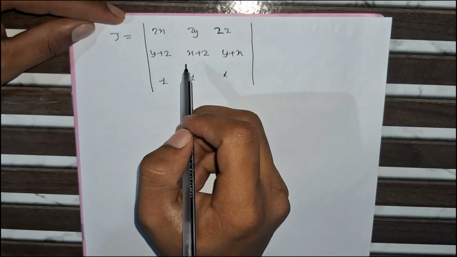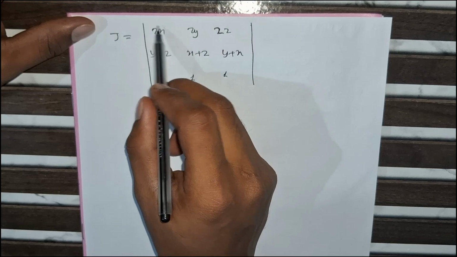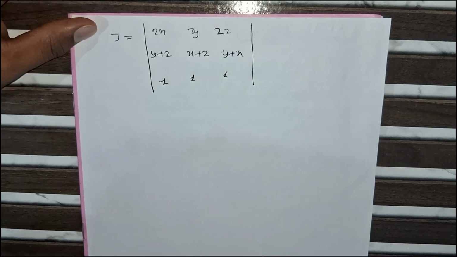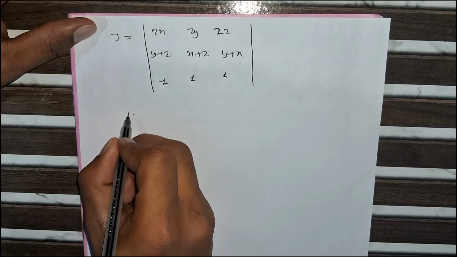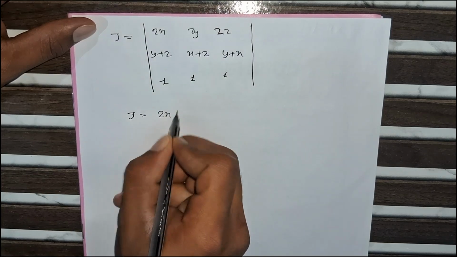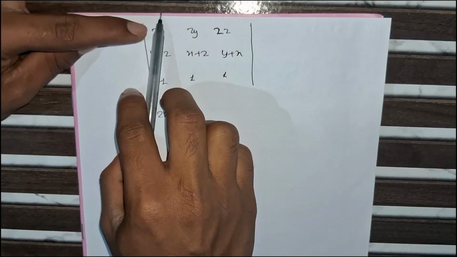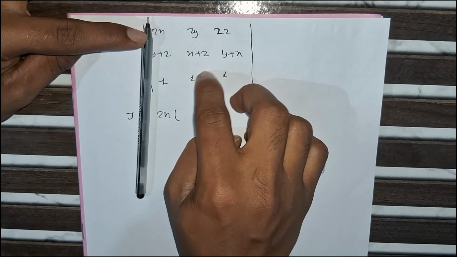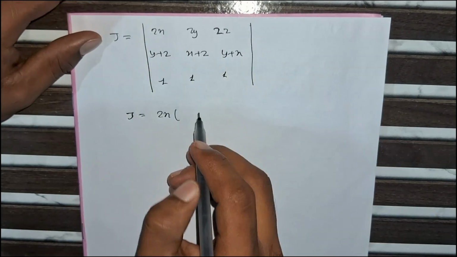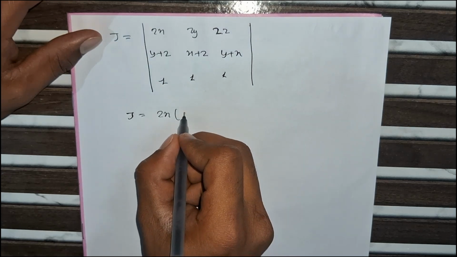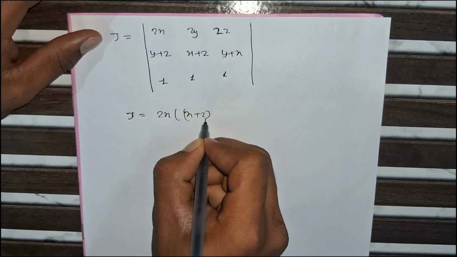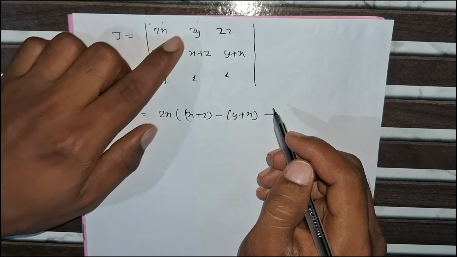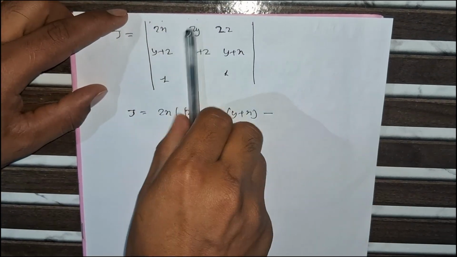Now we have to expand this determinant along row 1 with column 1. So J equals 2x, hiding this row and column, multiply 1 into x plus z minus 1 into y plus x. So x plus z minus y plus x, like that first row and second column.